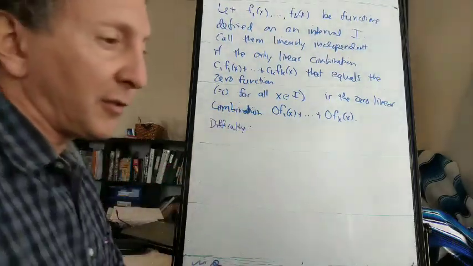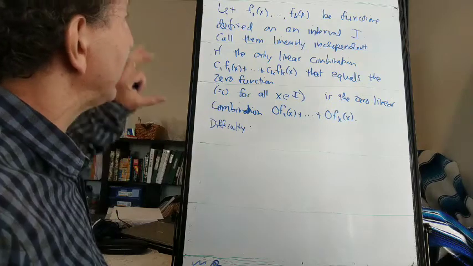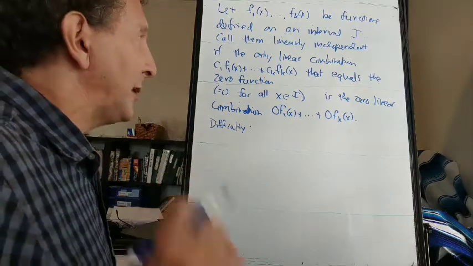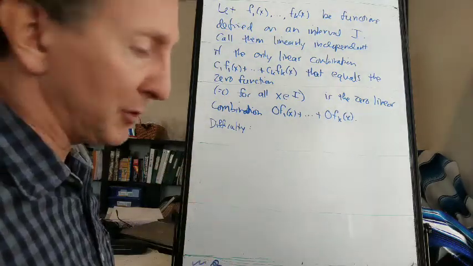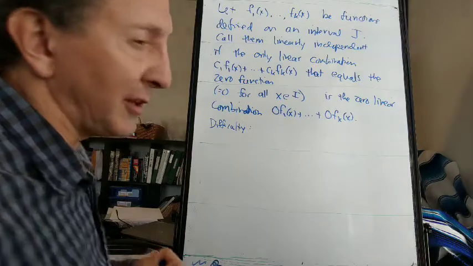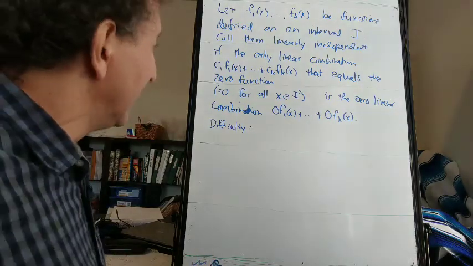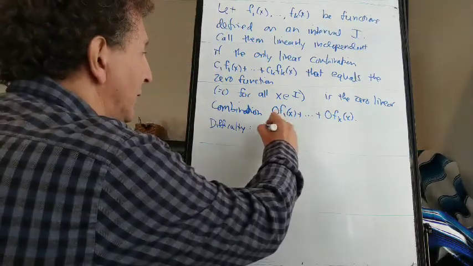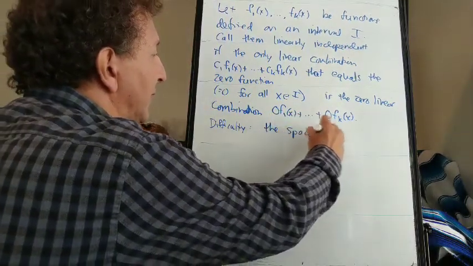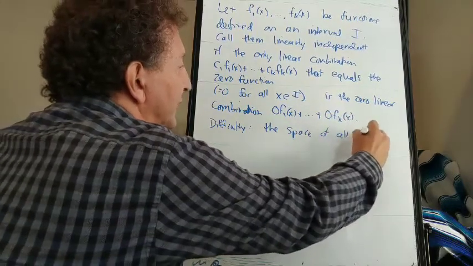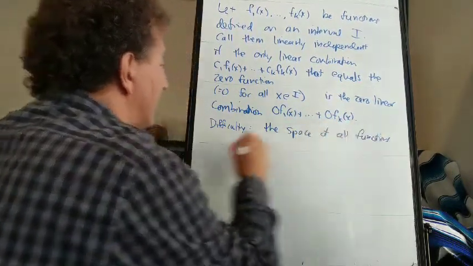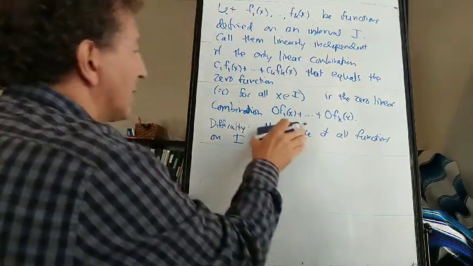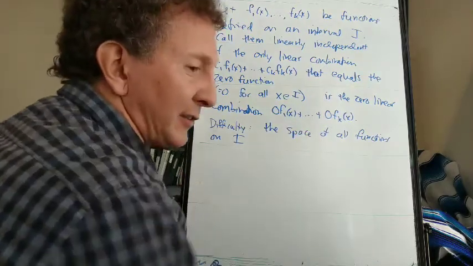All right, and as I said, there's a difficulty that's going to make this different than analyzing vectors in Rn or a space of matrices or a space of polynomial functions. These are arbitrary functions, and they can be trig functions and square root and exponential functions, etc. Then the space of all functions on I has no finite spanning set.